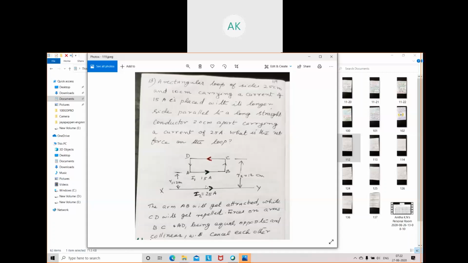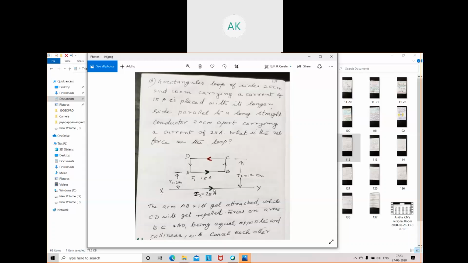So each part of the conductor will experience a force, and we have to find out the net force acting on the loop.